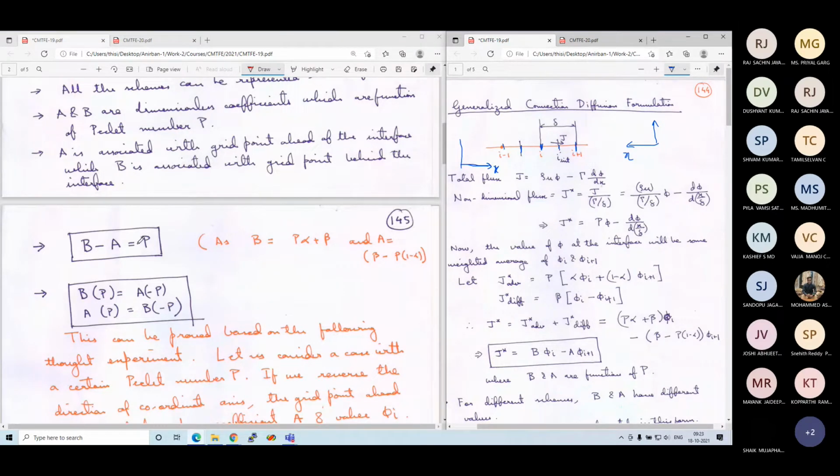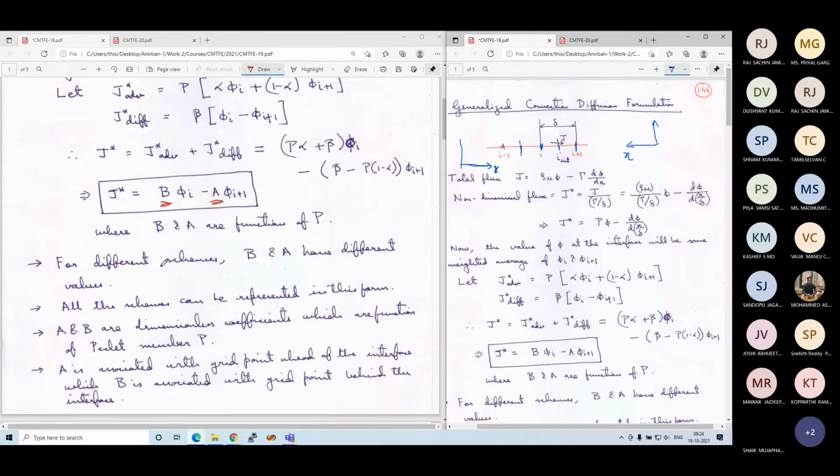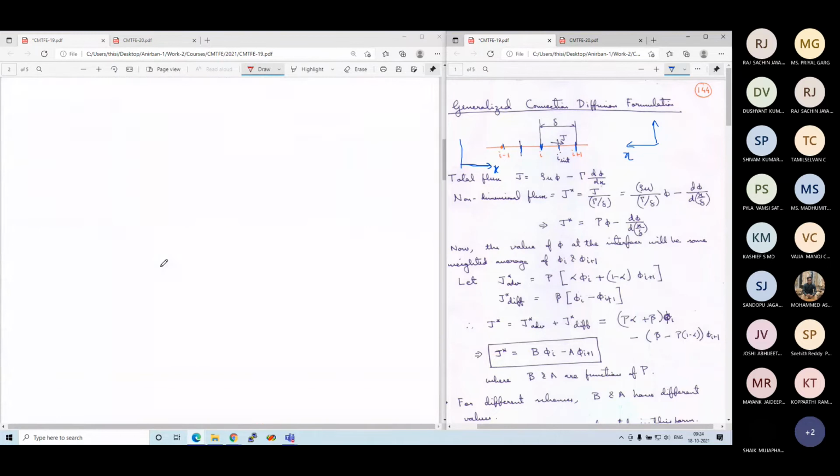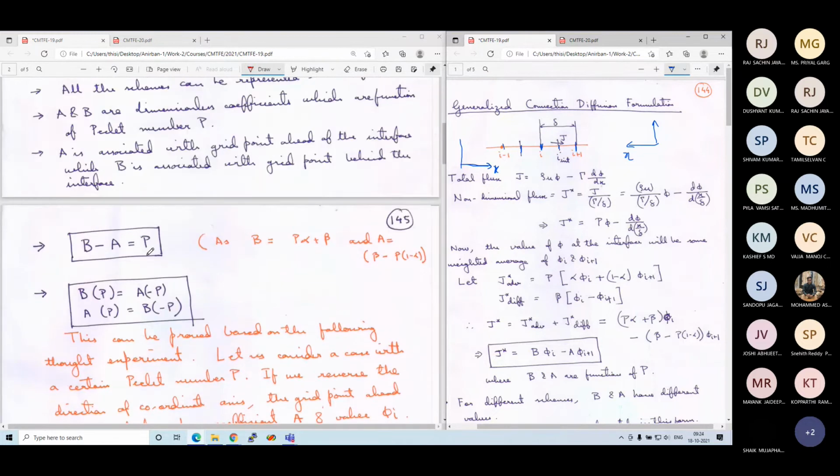So B minus A is P. So if you know the value of A in terms of Peclet number, say A is equal to P by 2, then B will be 3P by 2, because B is equal to A plus P. So whatever is the value of A in terms of P, B can be calculated in terms of P by using this relation. So B and A are always related by this relation: B minus A is equal to the Peclet number.